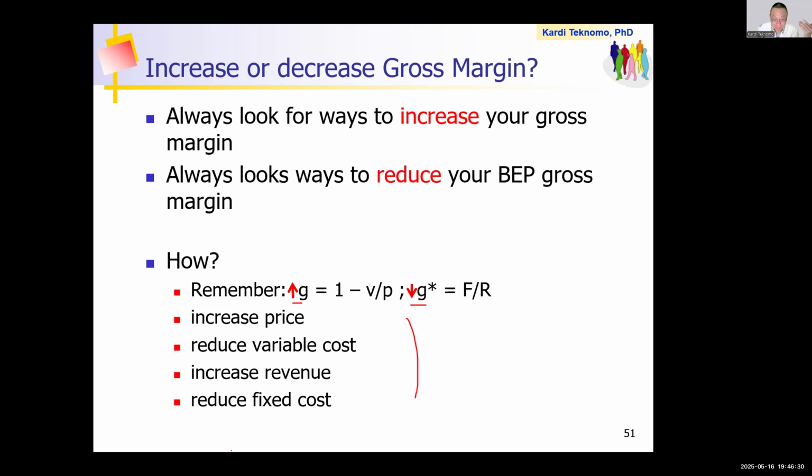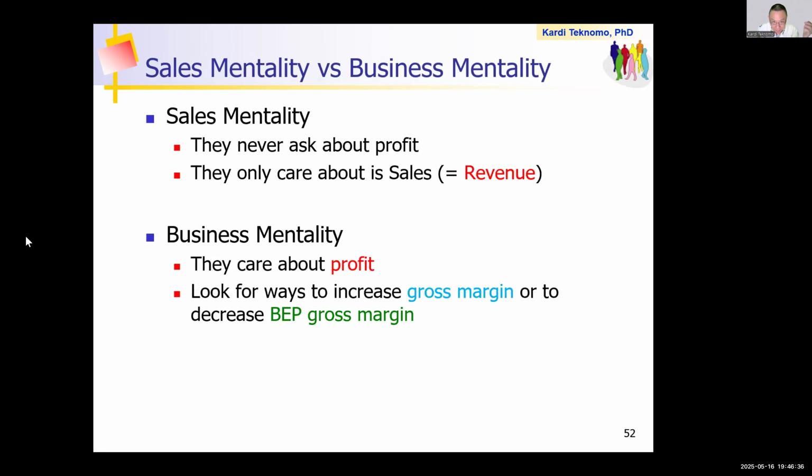Now this is the difference between sales and business. In the sales mentality, they will never ask about the profit. They only care about sales, sales, sales. Sales means revenue. In the business mentality, of course, you care about profit, not revenue.